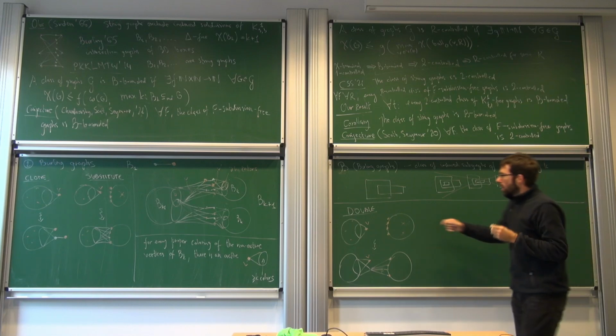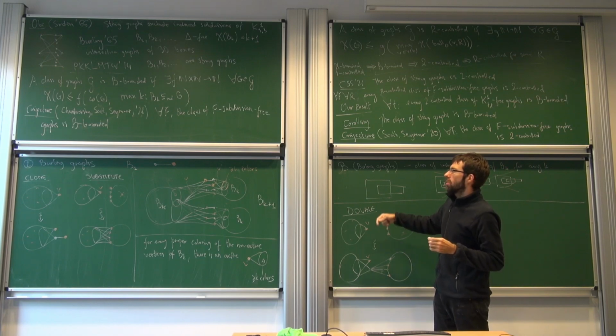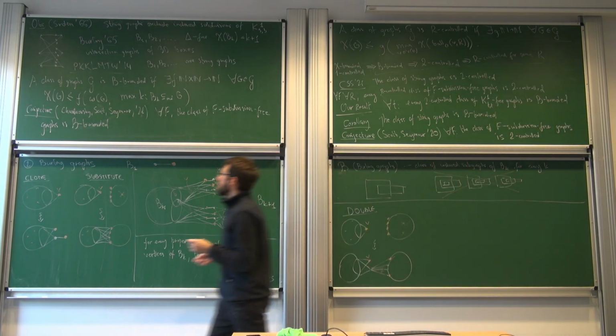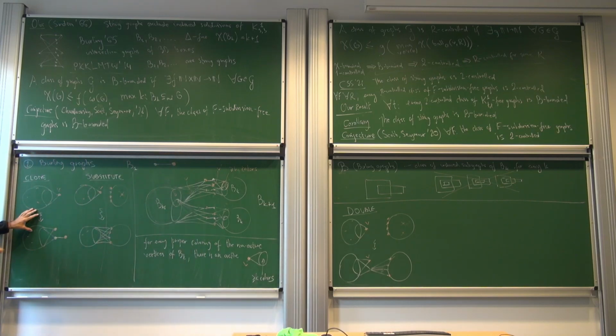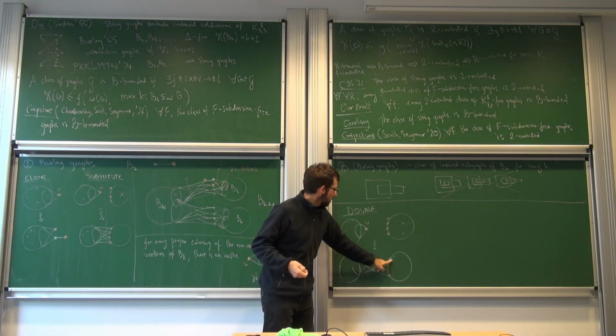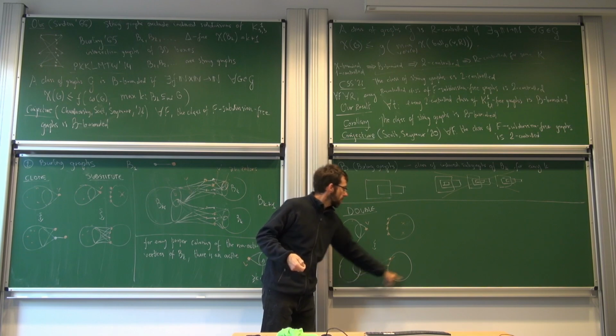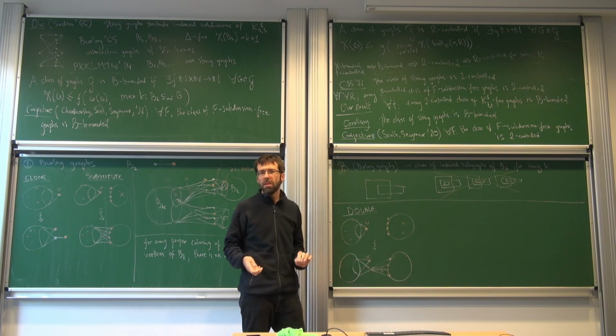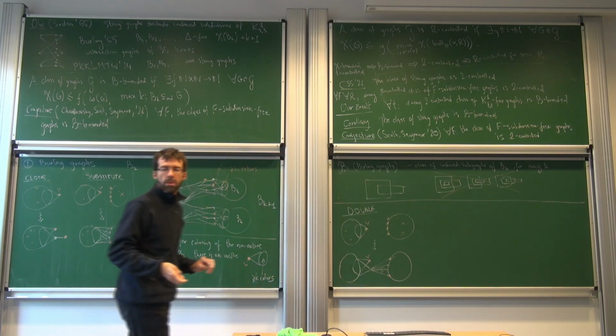Okay, so the way to show that they are equal is as we had before. We need to recover the clone and substitute just within that operation. And clone is easy. We see it here. We just take one of these vertices and forget about the rest. That's clone. But substitute is more tricky.